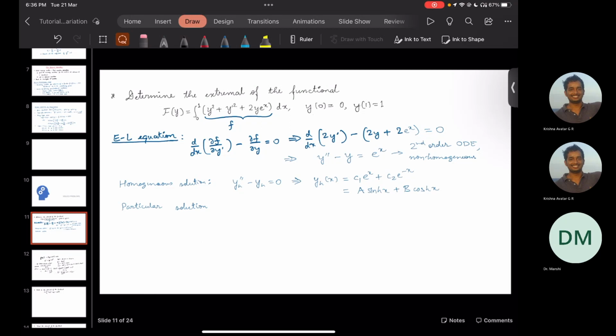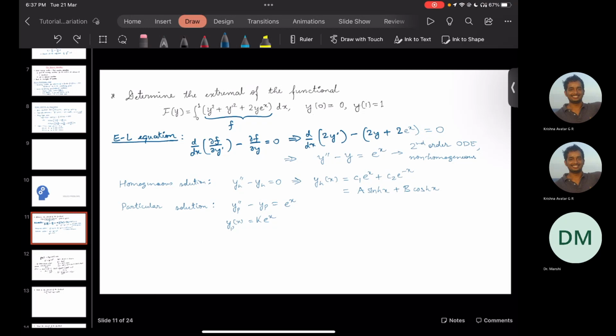Now let me just write what we need to solve to obtain a particular solution. We need to solve yp double prime minus yp is equal to e to the power x, right? So we cannot take yp as e to the power x as a model solution, because this and this happen to be the same.